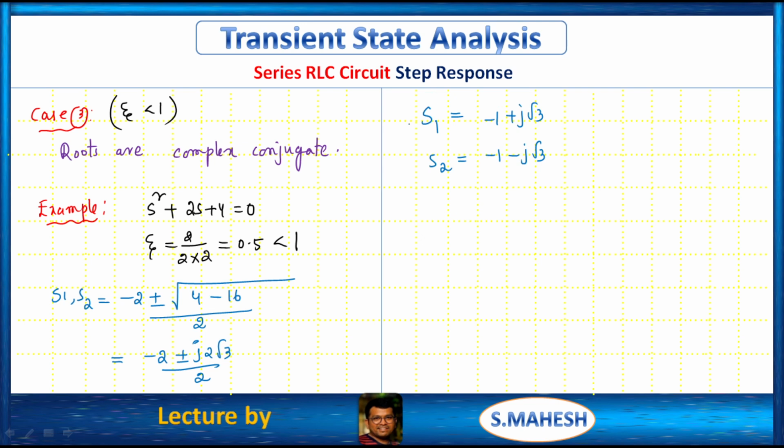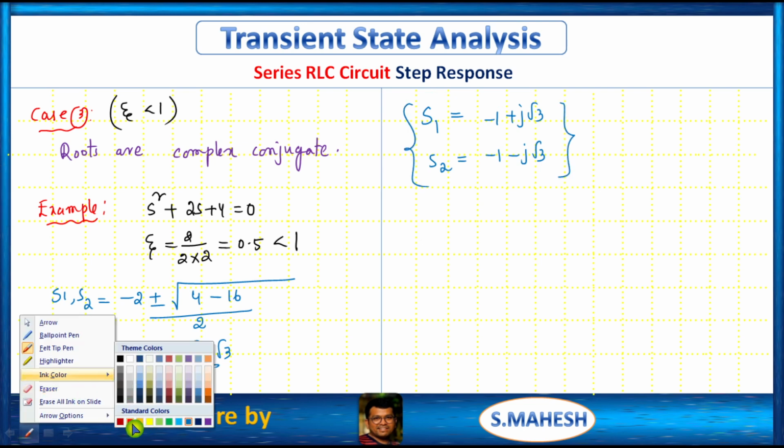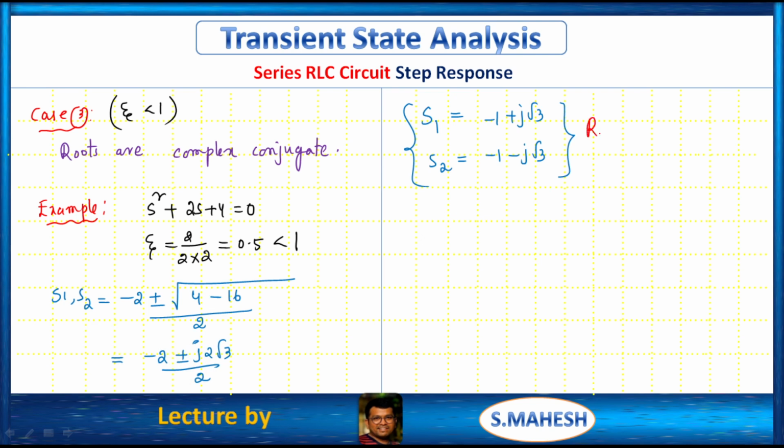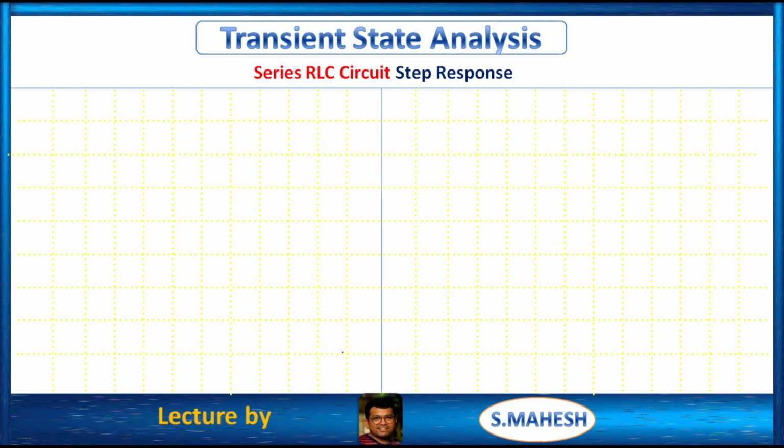From this we can conclude that roots are complex conjugates, that is, s1 is equal to s2 conjugate. This is a very, very important observation. This is case 3.